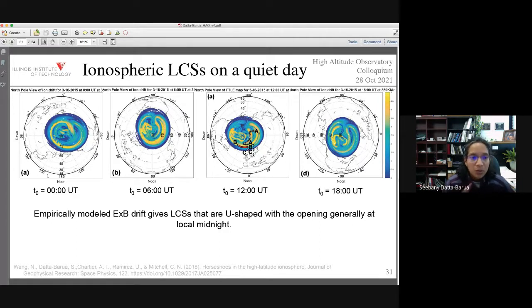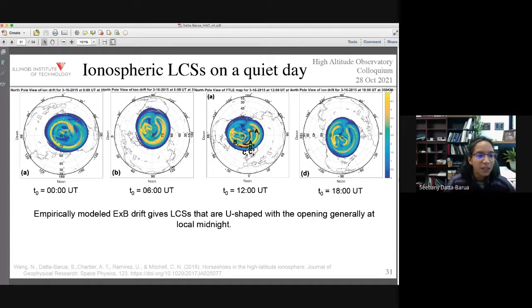We use those to trace our particles all the way through over a time span of about 3 hours. And then we plot these on a map, and you can see the yellow is where the LCS is. Each of these diagrams has a different start time, T naught.